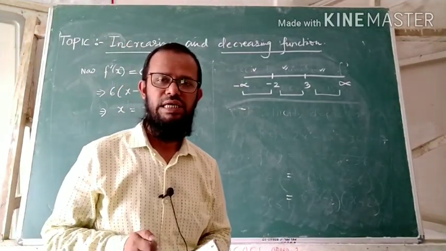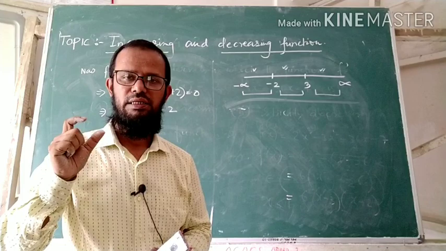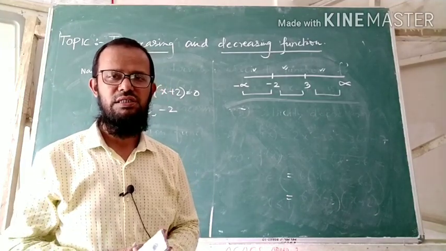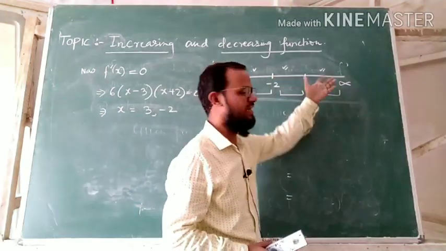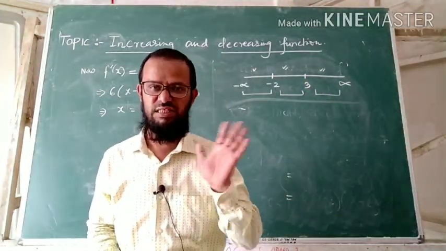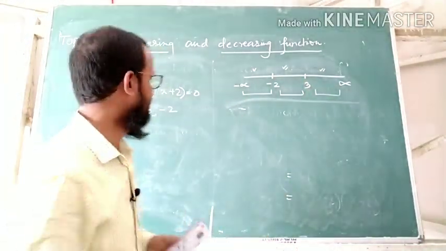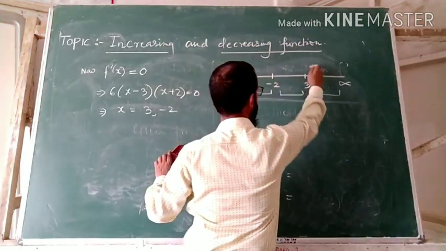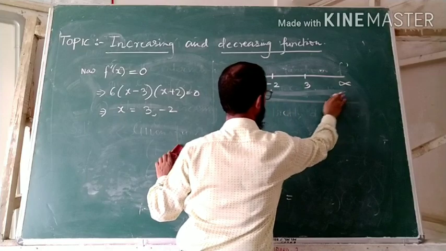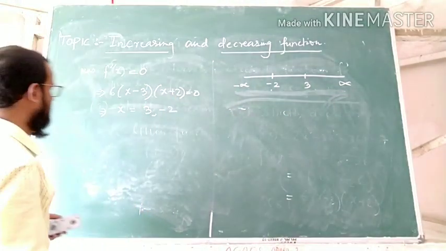So we are going to check whether our function is strictly increasing here, or here, or here. We will check in all the 3 cases, right? Clear? So you have to write a sentence here.